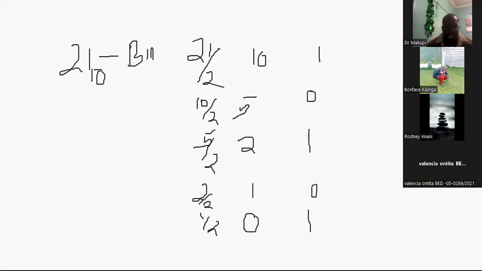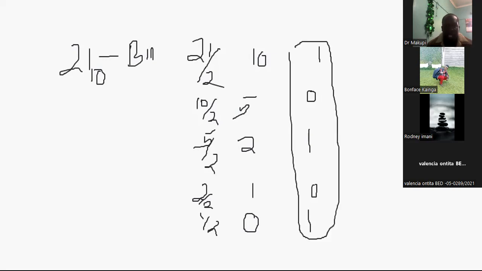Now, what you can see is that these remainders form the binary number that we are interested in. So the answer now will be 1, 0, 1, 0, 1 with a subscript to signify this is binary.